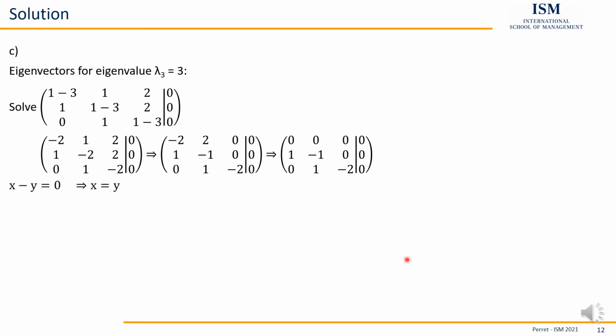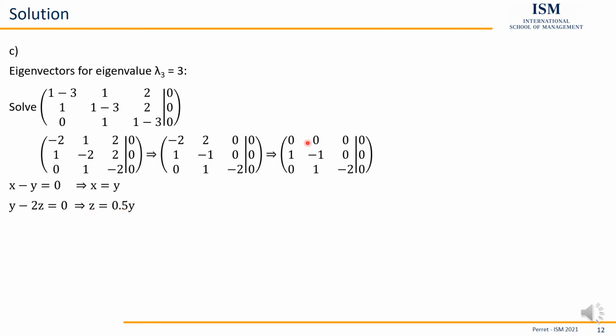If we write down the second row, we get x minus y, or x equal to y. If we write down the third one, we get y minus z equal to 0. If we solve this for z, or rather write this in dependence of y, we get that z is equal to 1/2 y.